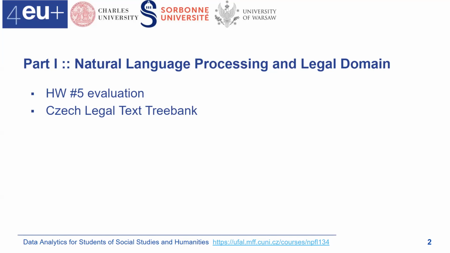And the homework number 5 you did, the annotation or subject labeling in a particular legal document, is a bridge to the legal domain. So I will evaluate your annotations, and then I will present you a real project on information extraction from legal documents.